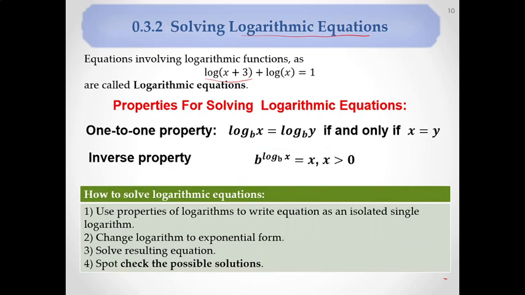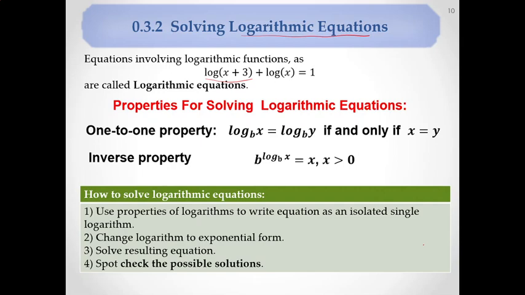Now, this is the general strategy. We will use the properties of logarithms to write the equation as an isolated single logarithm. So we will try to write log x, everything here, then the numbers or terms without x on the other side. Then we will change the logarithm to exponential form, then we will solve the resulting equation.